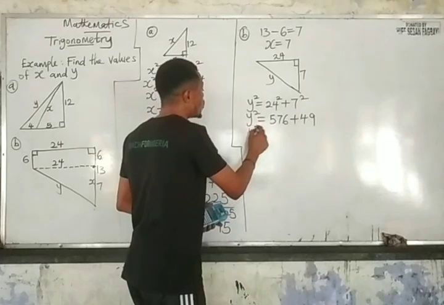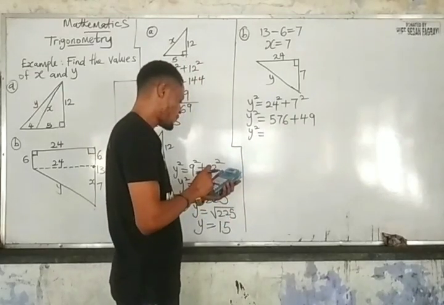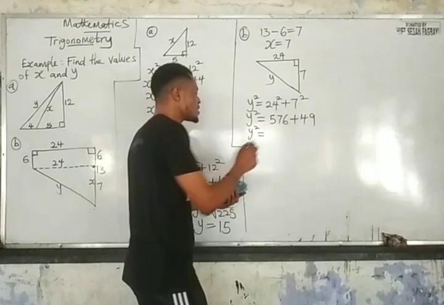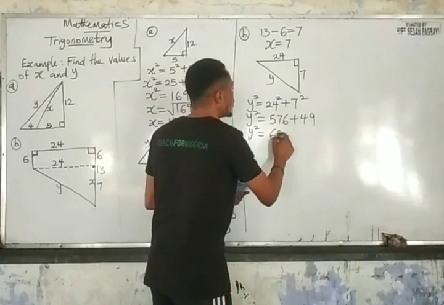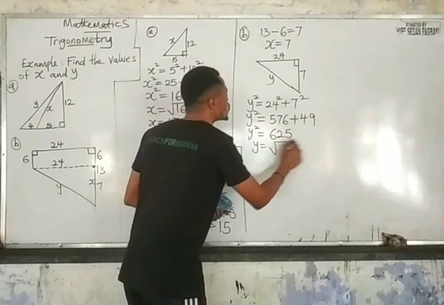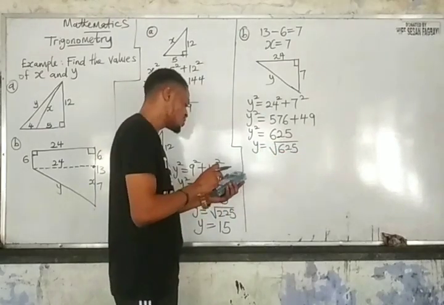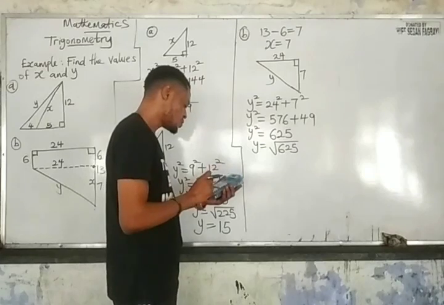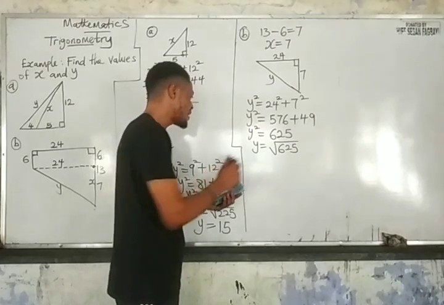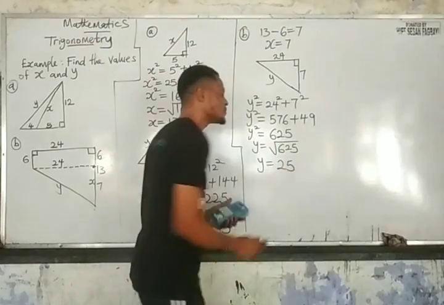So y squared is equal to the addition of the 2, which leaves us with 625. So y is going to be equal to the square root of 625. The square root of 625, y is going to be equal to 25.